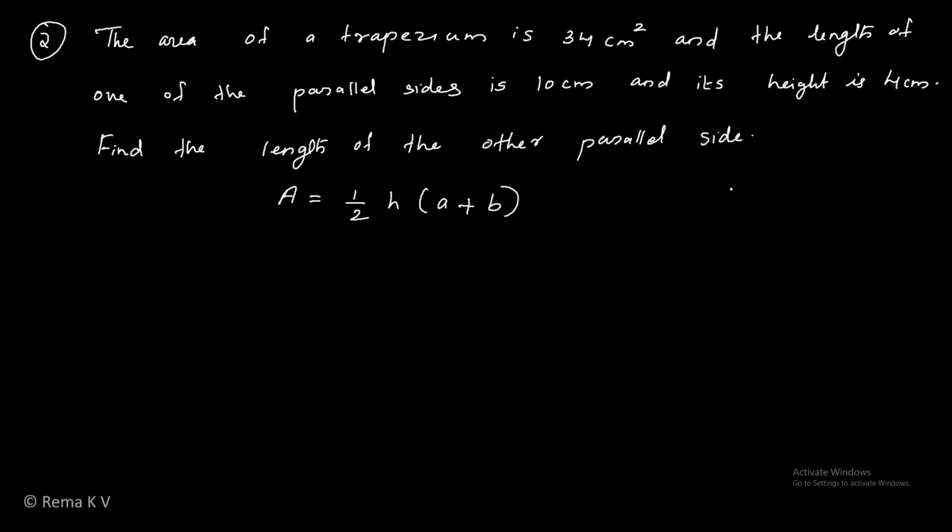See, we are not considering it as a base. The length of two sides is A and B. H is the perpendicular distance. A is the area.